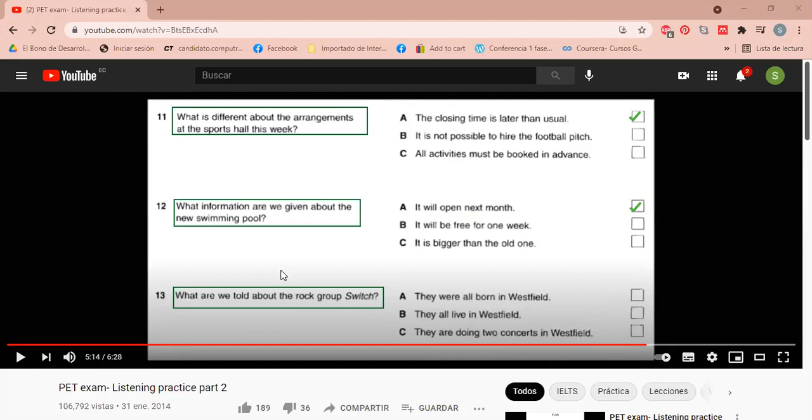I had two answers with letter B and one with letter A, and some others with letter A. The right answer this time is letter B. They all live in Westfield. ¿Por qué no escogimos la número 1? Mucho ojo a lo que escuchamos. Sí, tenemos aquí, nos decía, 2 of them were born in Westfield. Sí, justo nos hablaba de que únicamente 2 de los integrantes nacieron en esta ciudad.